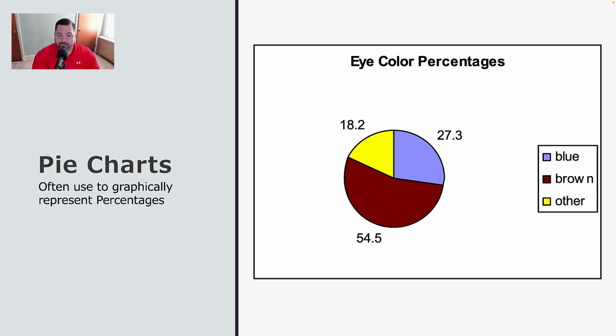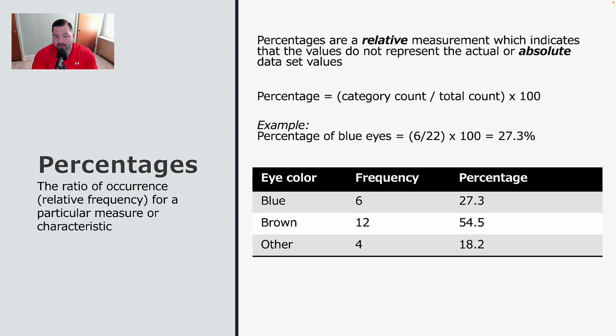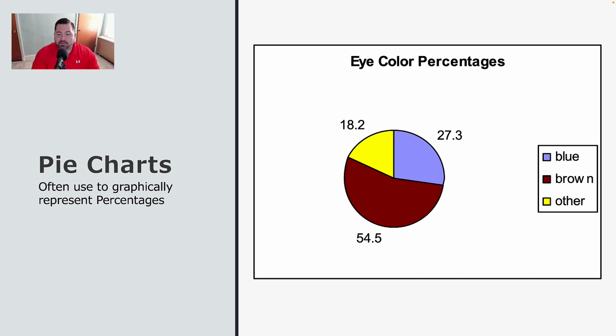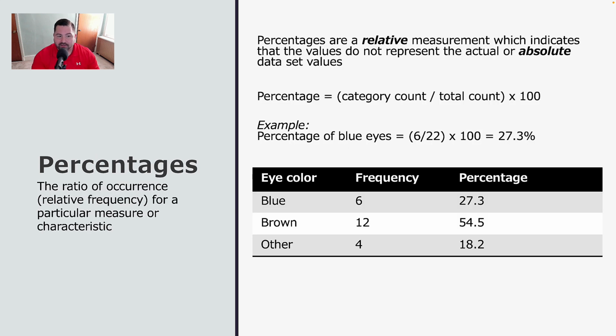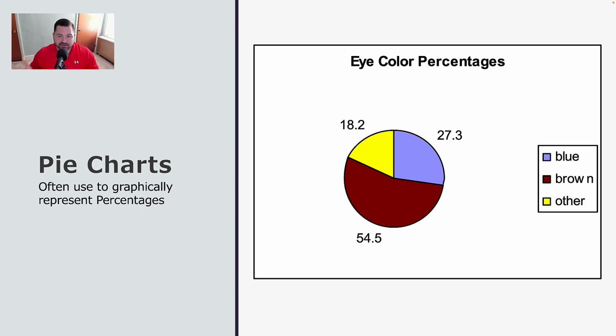Well, that 18.2% came from the other percentage that we calculated here. Similarly, the 27.3% that we calculated on the previous page is represented in the shade of blue, and the 54.5% is graphically represented on the pie chart as well.